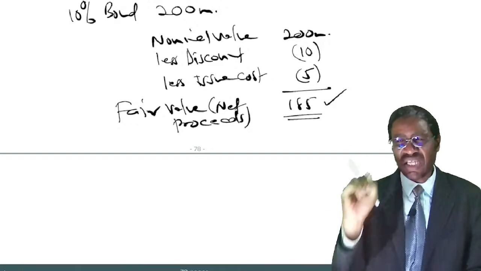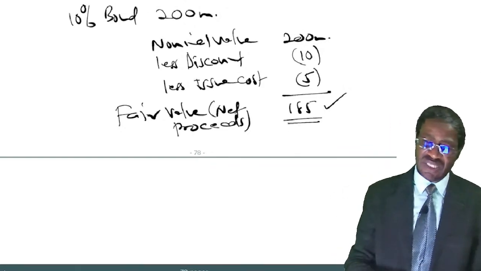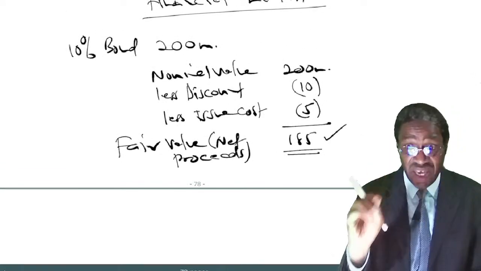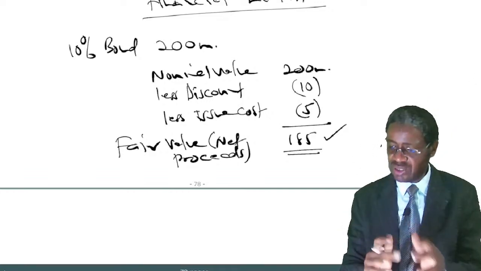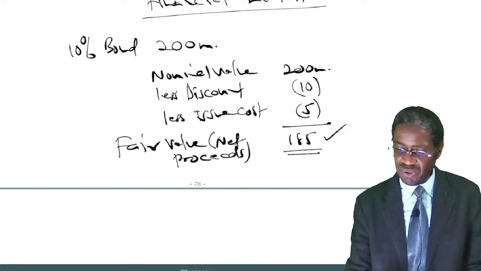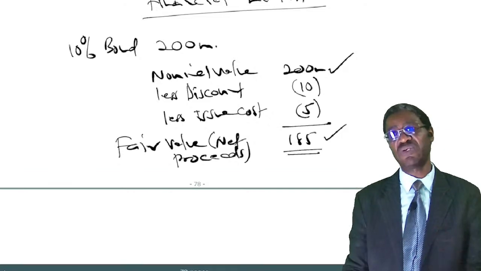To calculate the fair value on initial recognition, I said you get the fair value, meaning the net proceeds. I was giving you an example of buying a bond whose nominal value is 200 million.